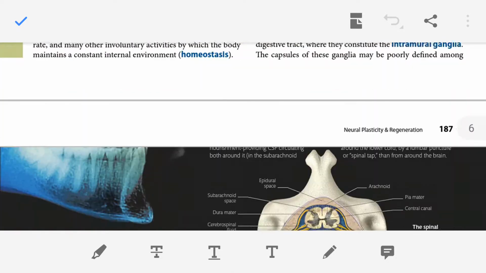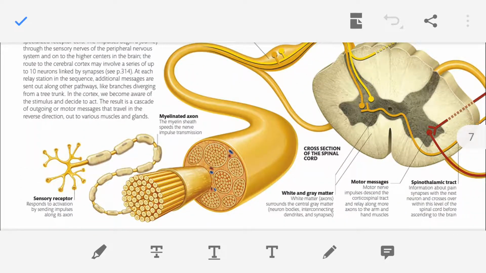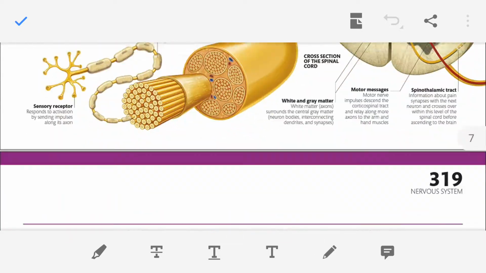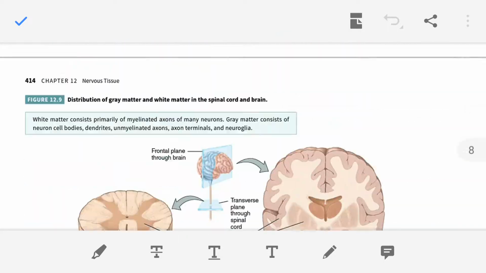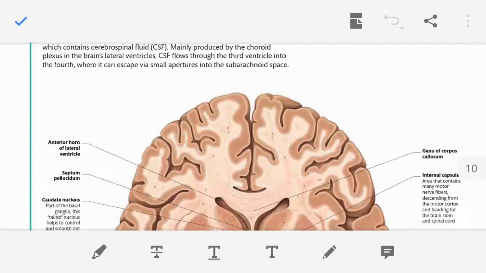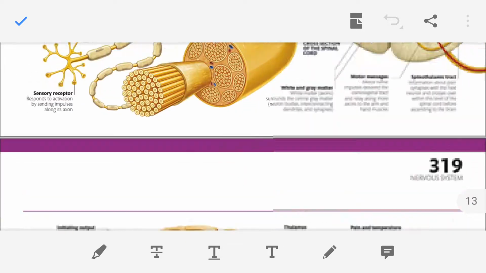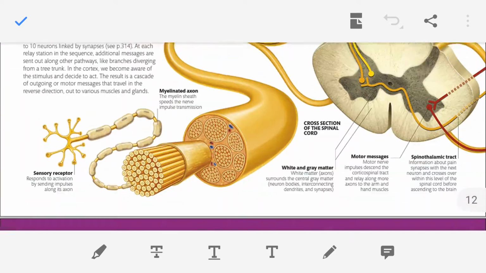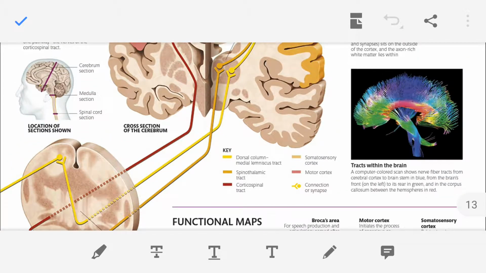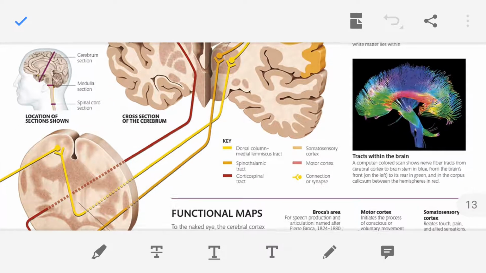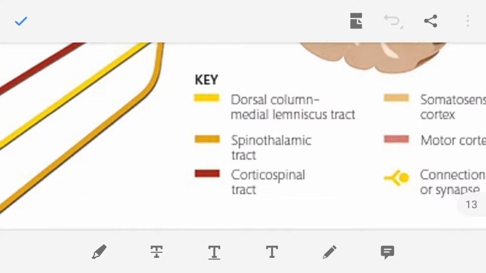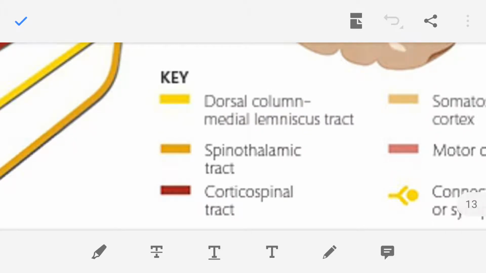Now I am showing you the structure of tract. For example, in this figure, first I am showing you the key for the tract. This is the key.